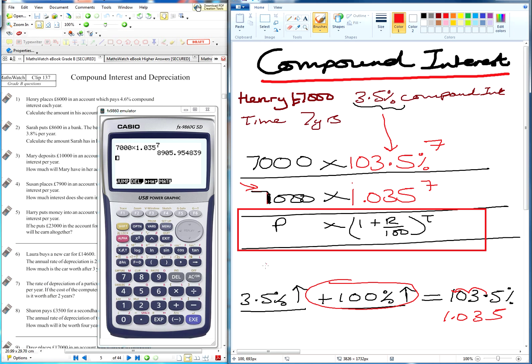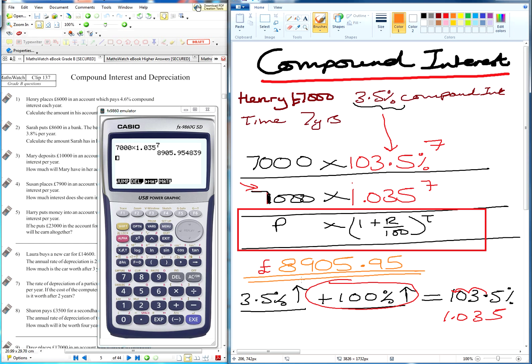Did you get the same on your calculator? Now we're going to give it to 2 decimal places because we're looking at decimal money. So 0.954 becomes 0.95.